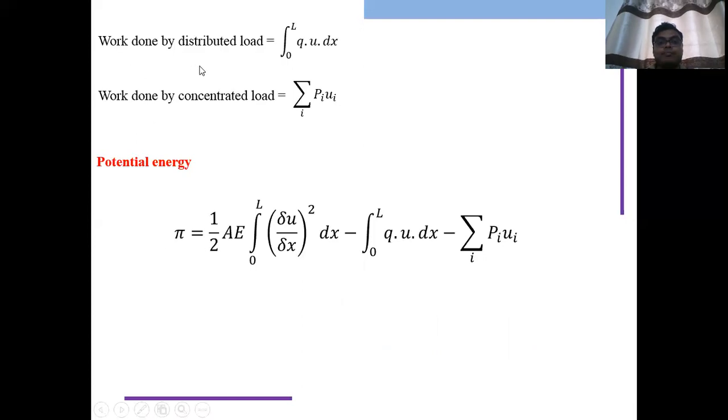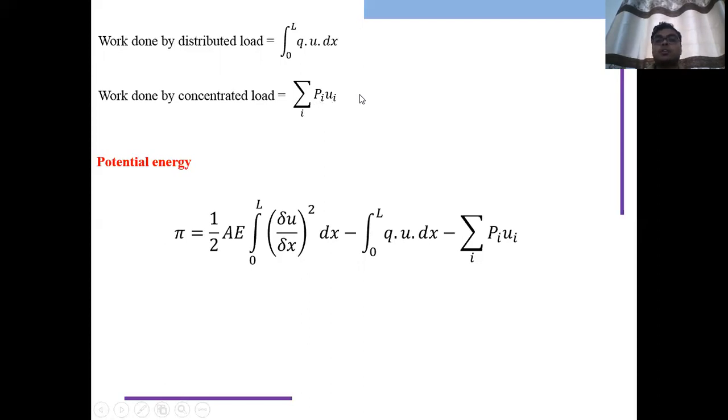Then the work done. What is the work done by the distributed load? Distributed load means uniformly distributed load on the bar element, so we can also say self-weight, which is nothing but a uniformly distributed load. How do we calculate it? By this equation. The work done by the concentrated load is the summation of P into U. Work done is force into corresponding displacement.